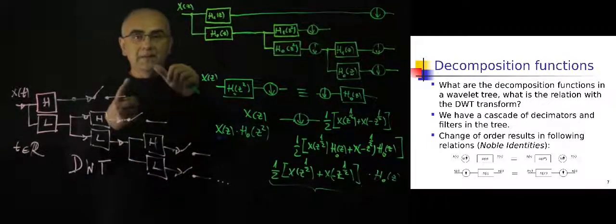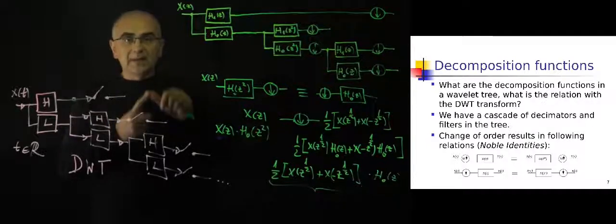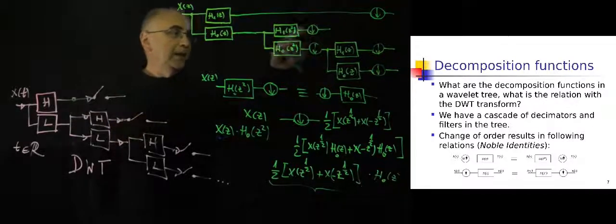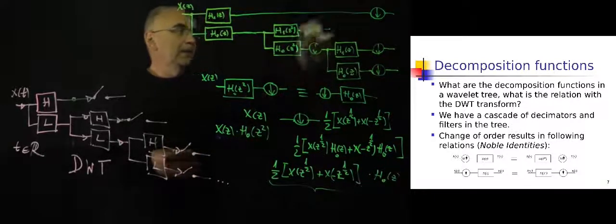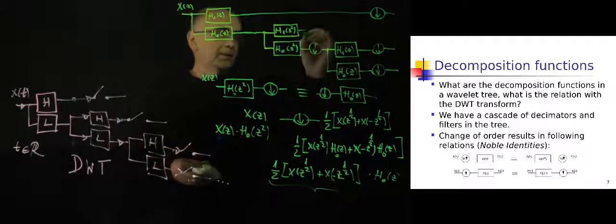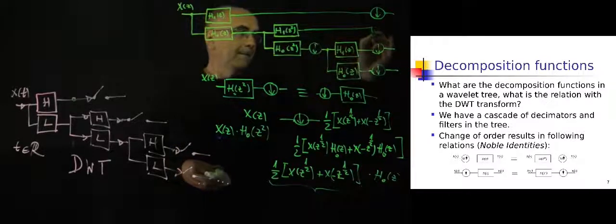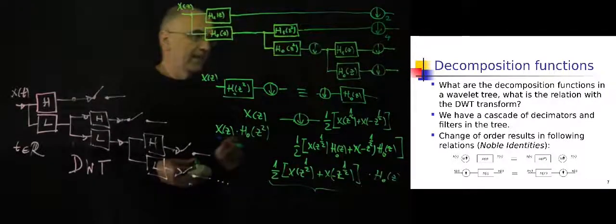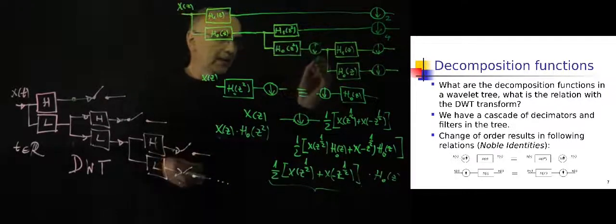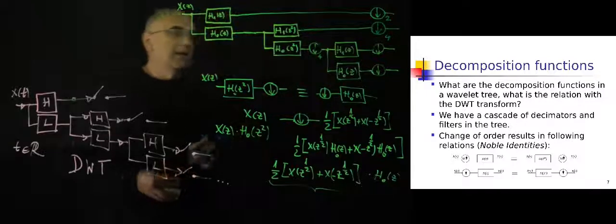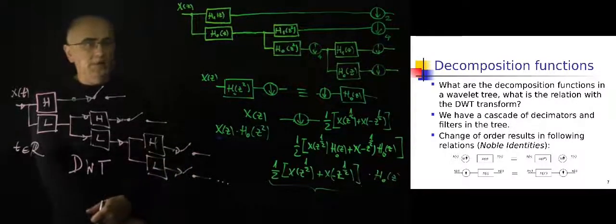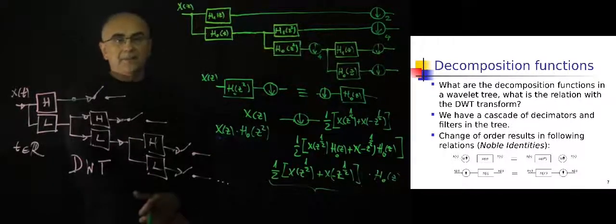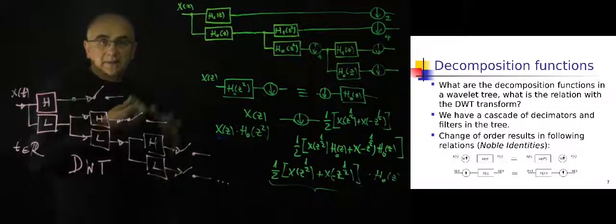But if I have a cascade of two decimators by the factor of 2, I can just draw it as a single one with the decimation factor of 4. And right here I have decimation by 4. Now everything is correct, at least in this level of decomposition, but let's go on.